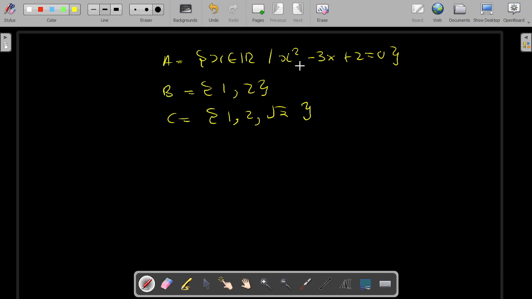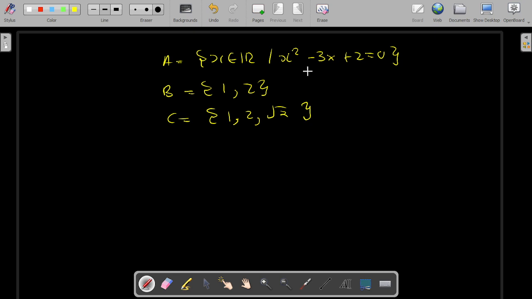If you look at the set A, we basically have a quadratic equation that we have to solve. The discriminant of the quadratic expression x squared minus 3x plus 2 is going to be strictly positive, meaning this expression is factorizable and we can find its roots.